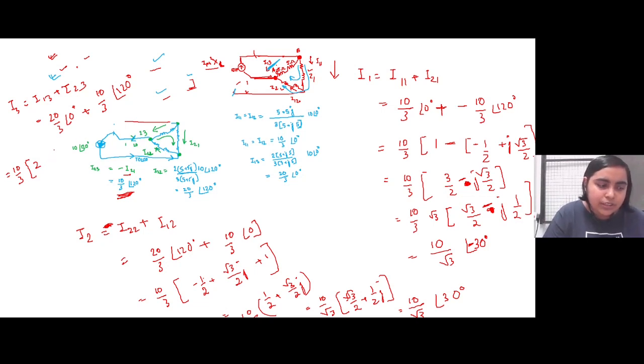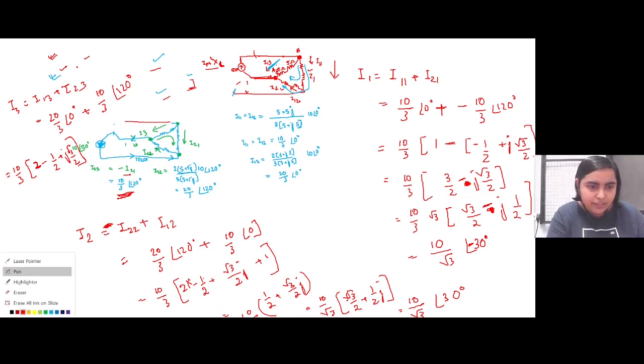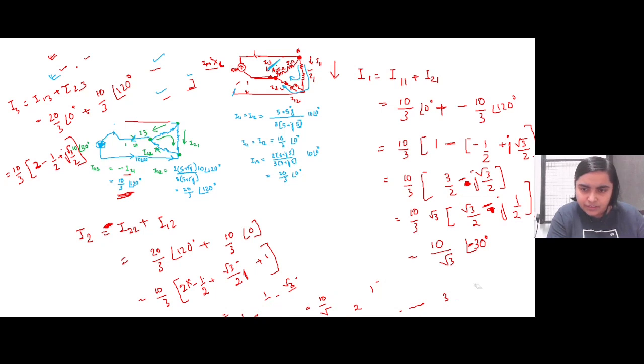And for the rest, again 120, so it will be minus half. So here it will be 2 times, right? Yes. Yeah, so maybe I'll rewrite it again then, so it won't be this.